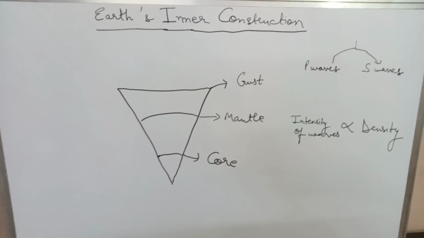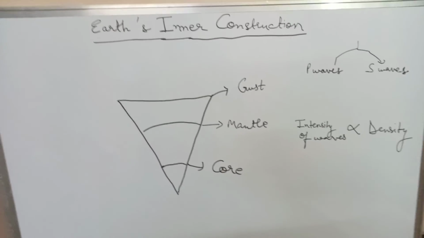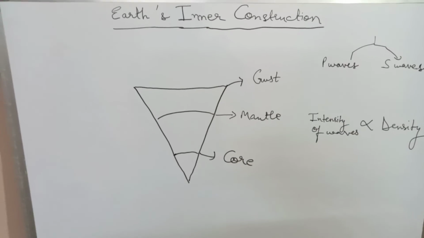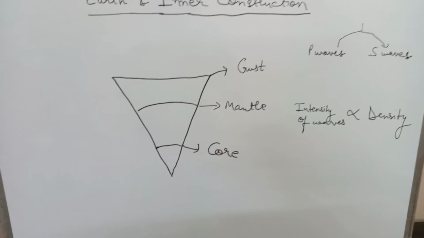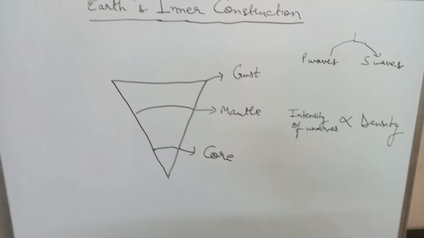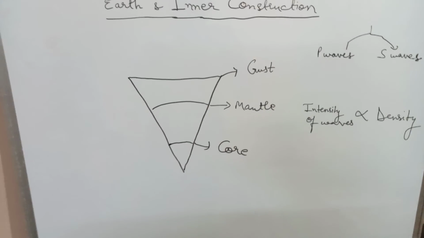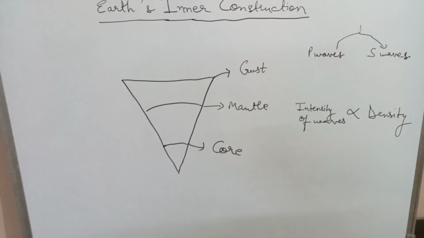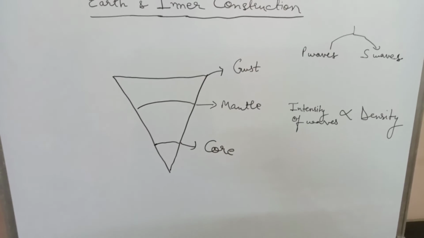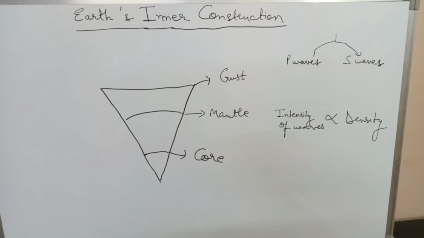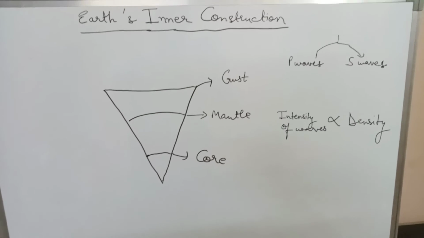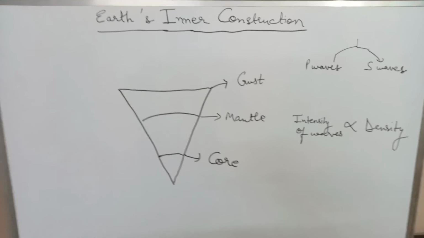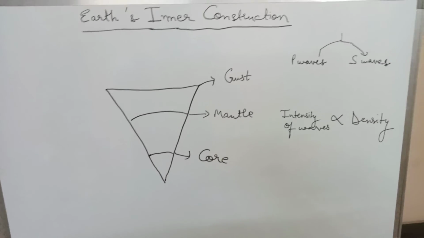So different layers have different elements, with different densities and different levels. Certain levels are also mentioned: up till this the crust exists, up till that the mantle exists, and below, the deepest, innermost part, the core exists.